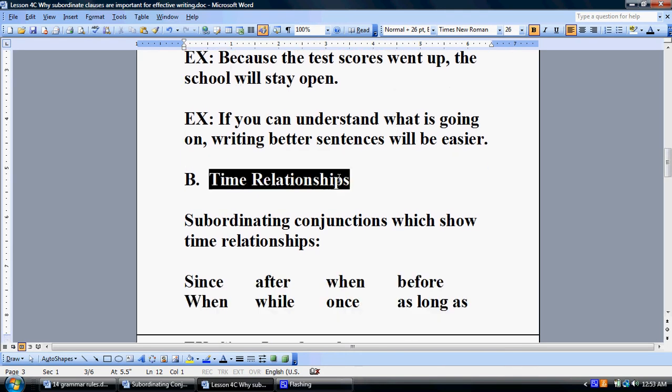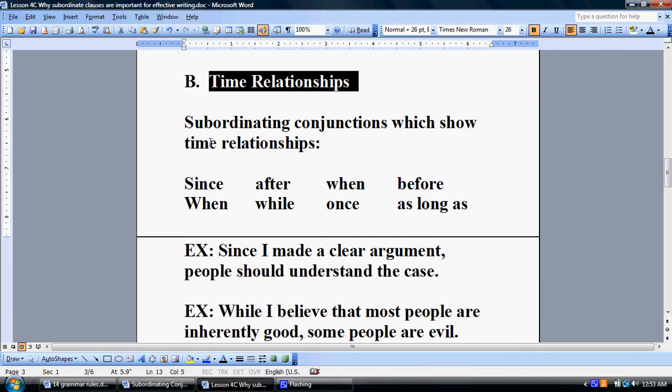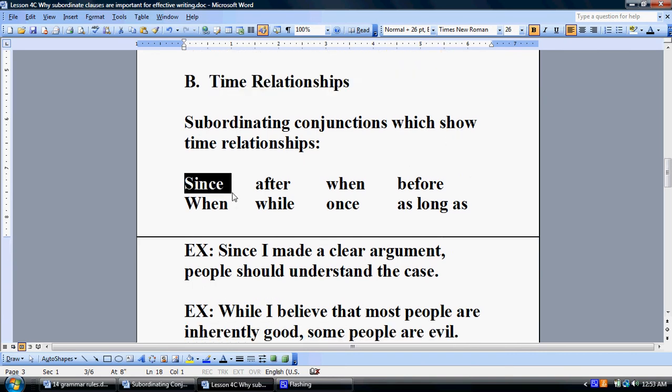Another huge thing then that subordinating conjunctions do is they show time relationships. They show either something happened before, or something is happening now in the present, or is happening simultaneously, or happened simultaneously, or it's going to happen in the future, or it happens for a certain duration. We have since. Okay, well, that means an event happened in the past and goes to the present.